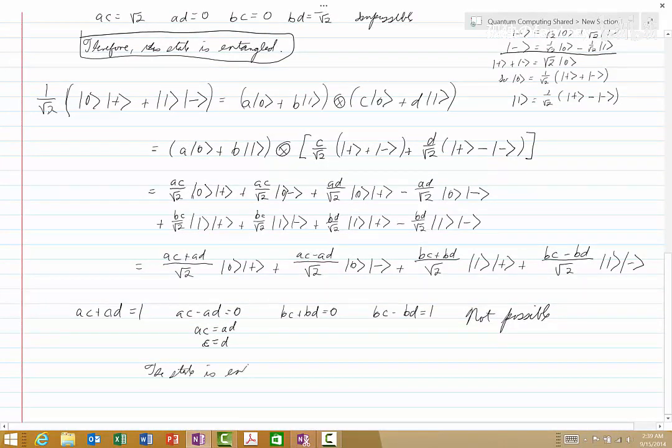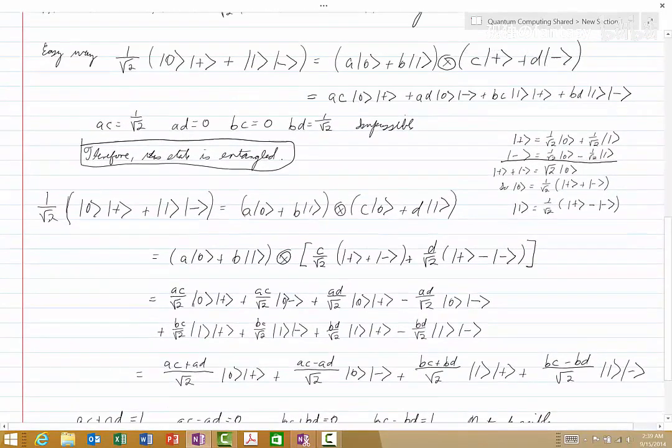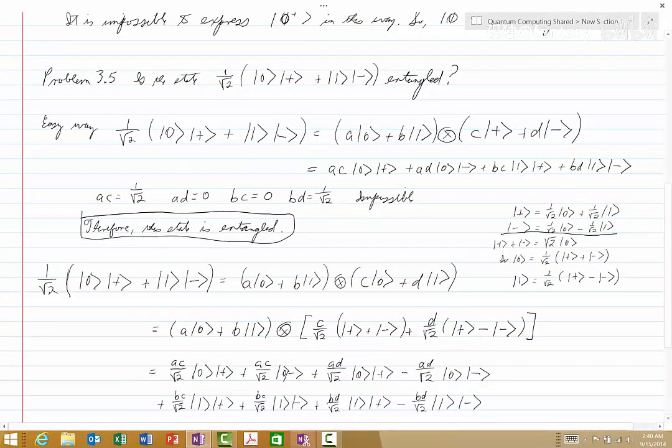And so once again, we conclude the state is entangled. But you see that we had to work a lot harder to come to that same conclusion in this case, because we did not pick a very convenient basis for the second qubit of the 2-qubit system. So this is just a word of advice for the future.